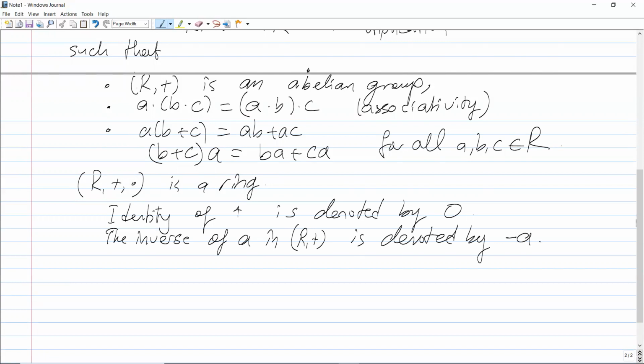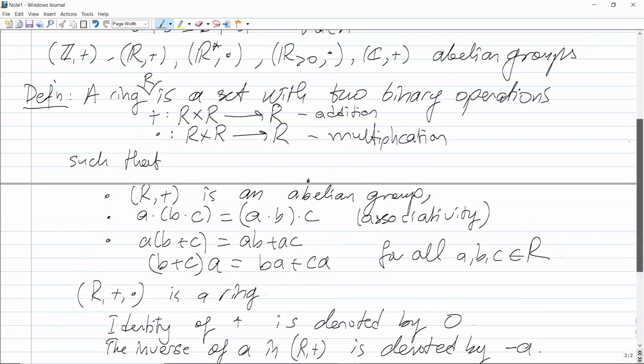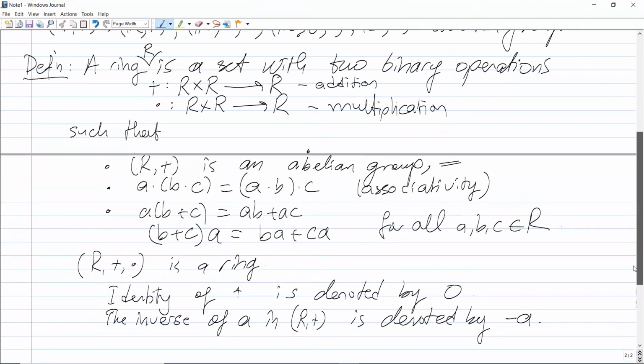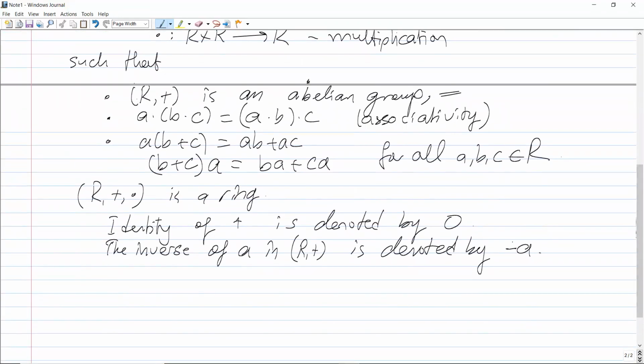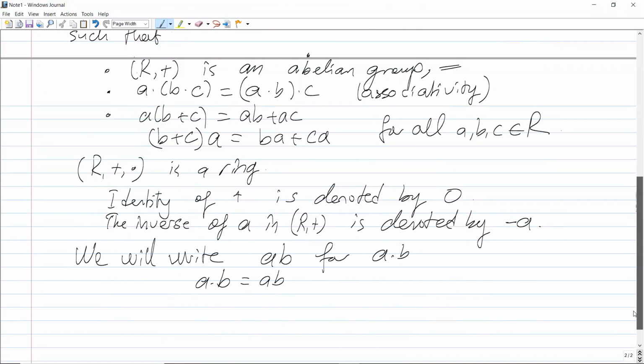Since R with addition is an abelian group, every element has an inverse, and we denote this inverse by minus a. And we will write, as usual, a times b as ab. So we will not write a dot b. Instead, we just write ab, like that.